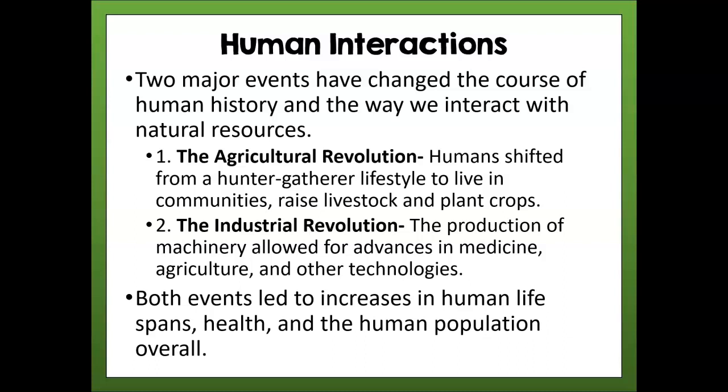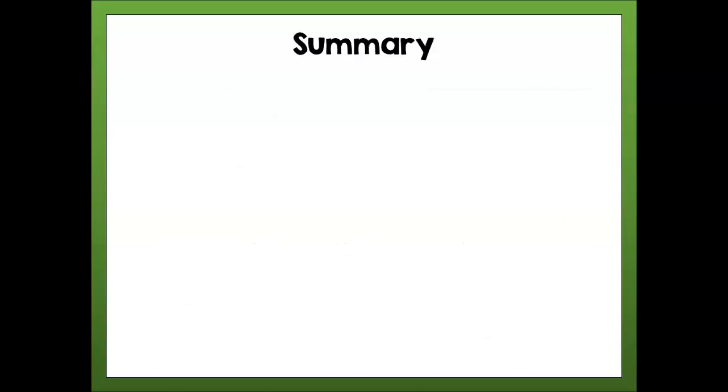We were no longer using horses and plows from oxen. We were using big machines and other technologies, computers, faster manufacturing lines. All of that stuff was the Industrial Revolution. They both increased human lifespans, health, and the human population overall. We were able to live easier and better through these advancements.